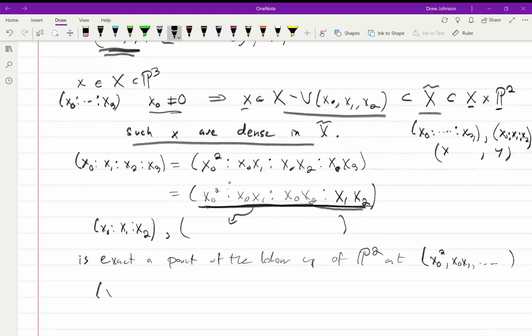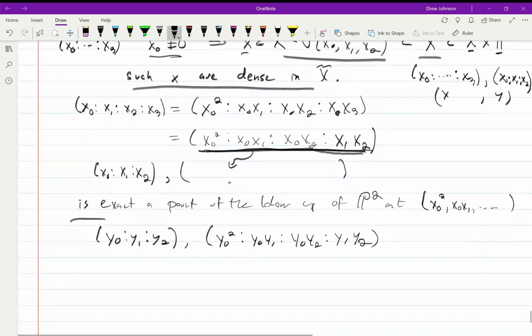So say you start with a point y0, y1, y2, and in the blow up the other point has to be y0 squared, y0, y1, y0, y2, y1, y2.